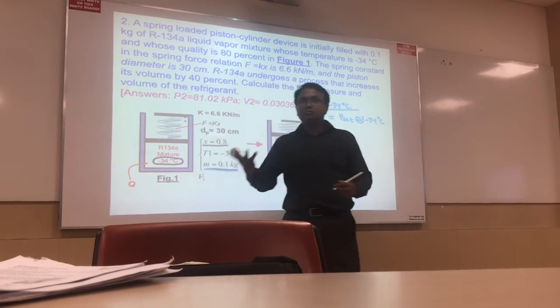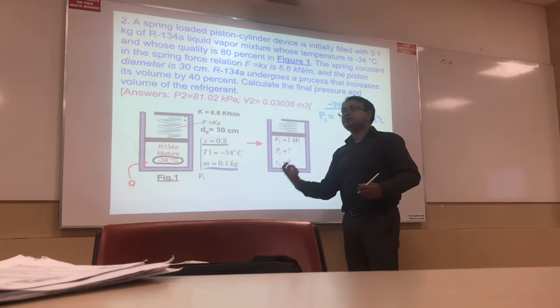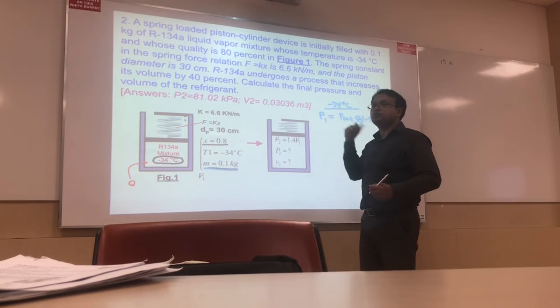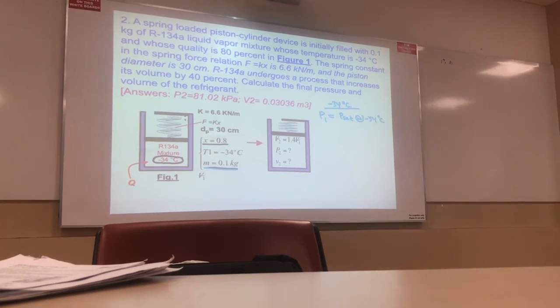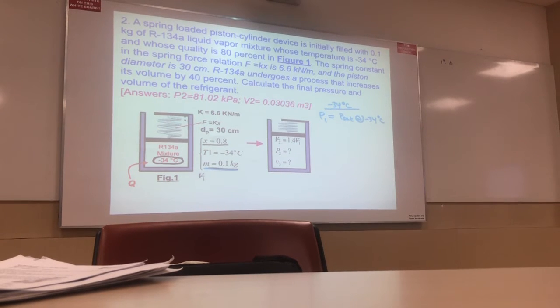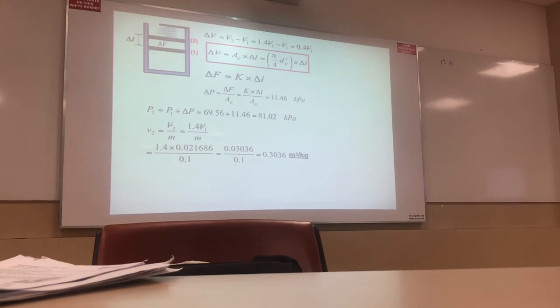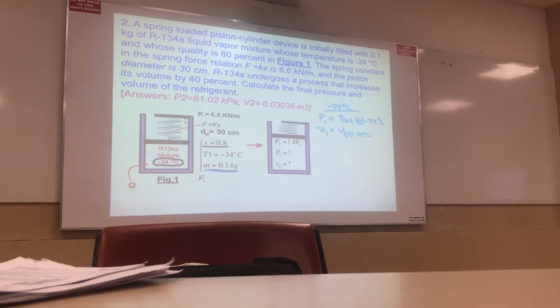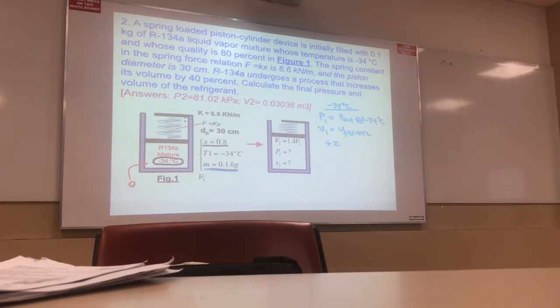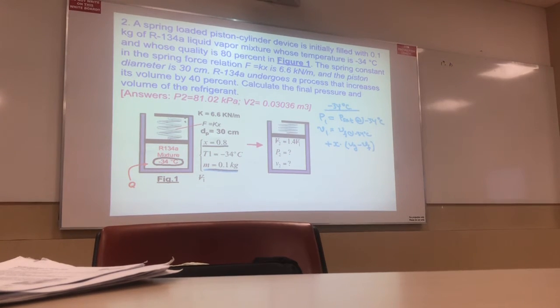And they give me the quality, 80% quality. That means I can find its initial specific volume. No problem. Right? Initial specific volume I can find because temperature is given and quality is given. So initial specific volume V1 is equivalent to Vf with respect to minus 34 degrees Celsius plus x, the quality, times Vg minus Vf with respect to minus 34 degrees Celsius.